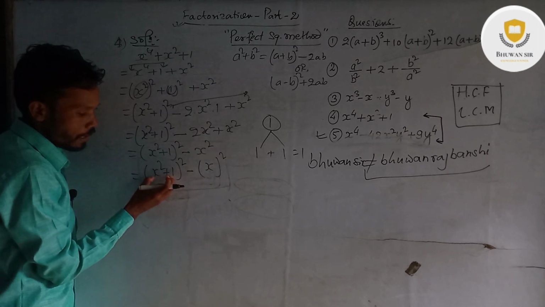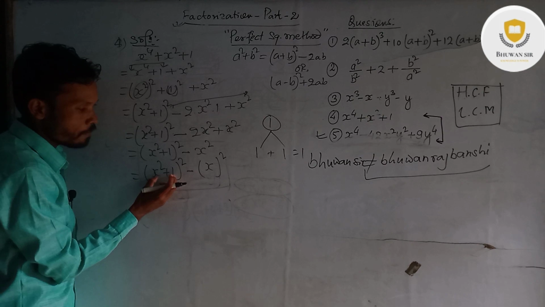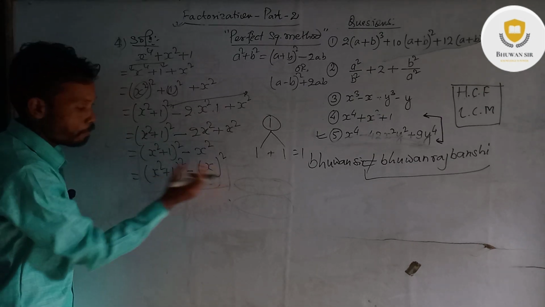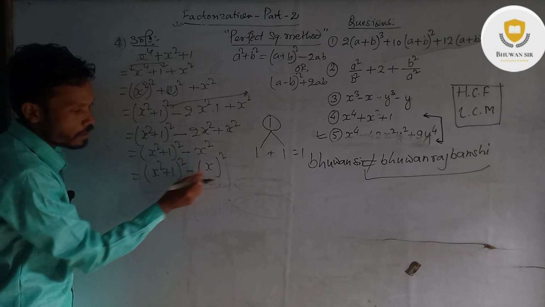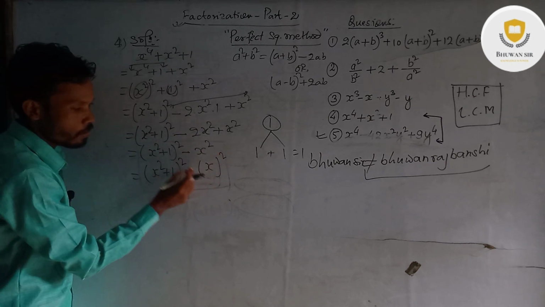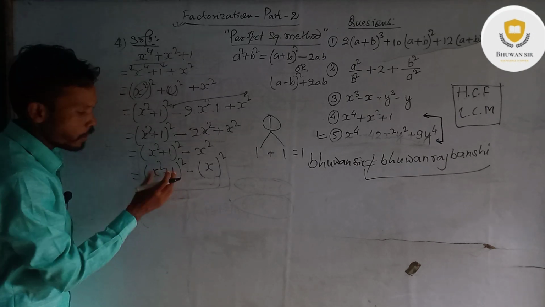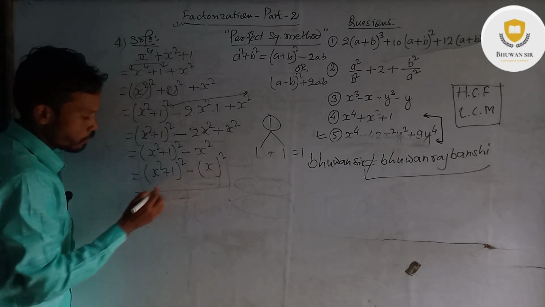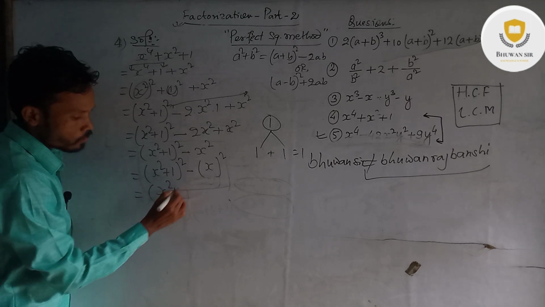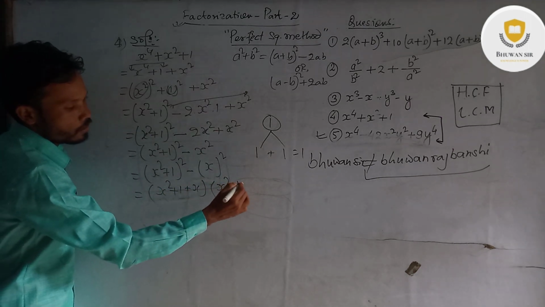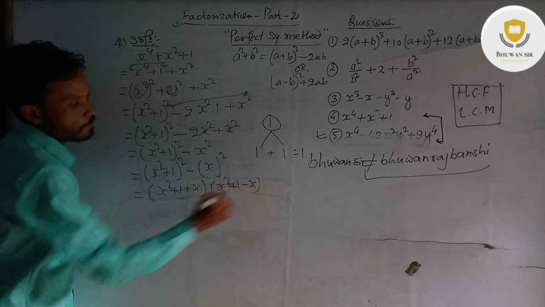Now this entire part, x square plus 1, can be compared as a, and this x can be compared as b. Now a square minus b square. A square minus b square. Clear? So a plus b, a minus b. A means this one, b means this one. So x square plus 1 plus x, and x square plus 1 minus x.